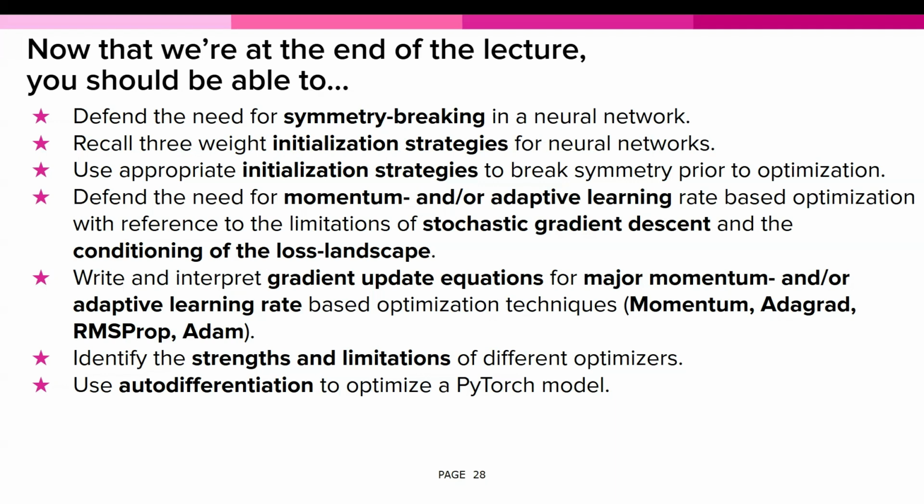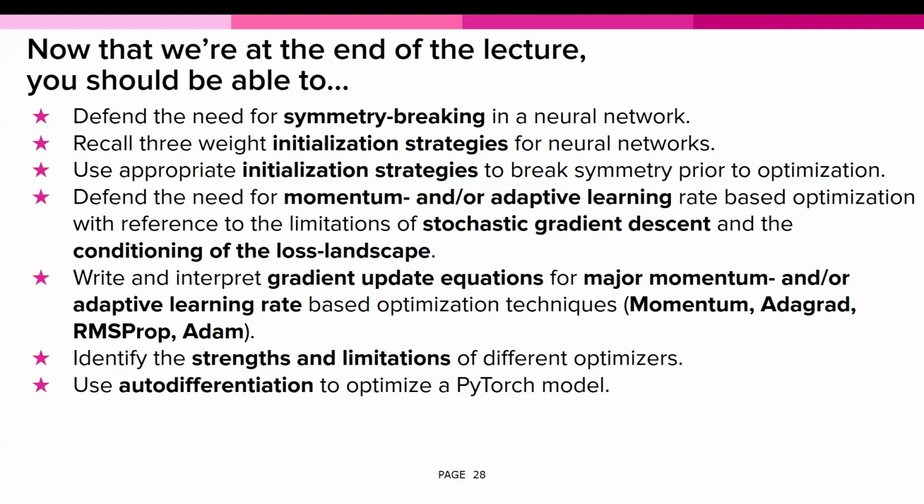We also spent quite a bit of time on momentum or adaptive learning rate based optimization algorithms. We compared the performance to stochastic gradient descent and the extent to which the loss landscape is ill conditioned. We presented the gradient update equations for four of these: momentum, Adagrad, RMSProp, and Adam.